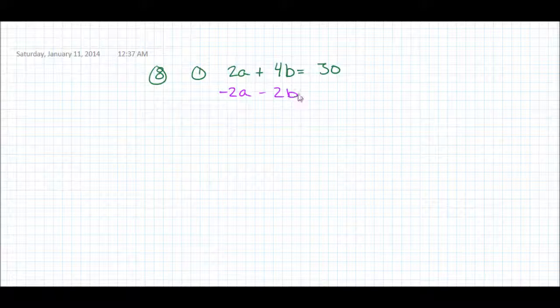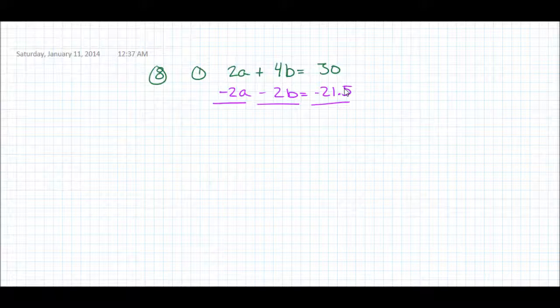Next problem, number 8. First equation is 2a plus 4b equals 30. Our second equation is negative 2a minus 2b equals negative 21.5.